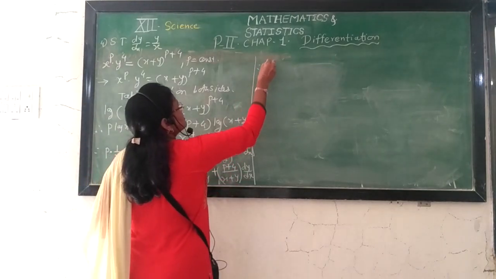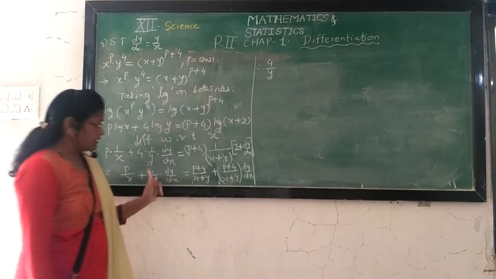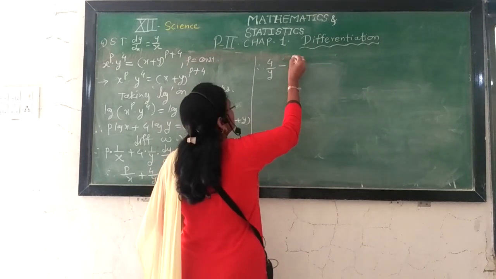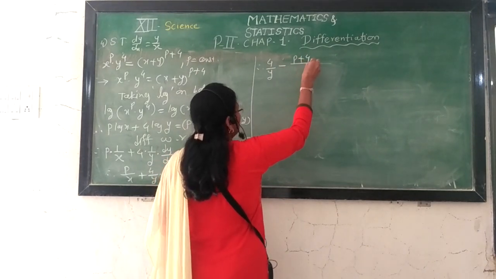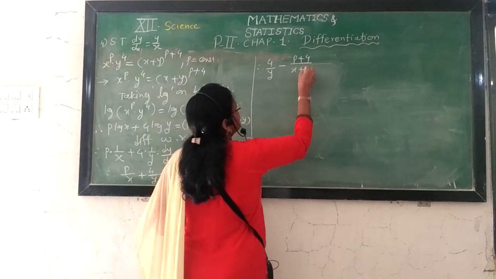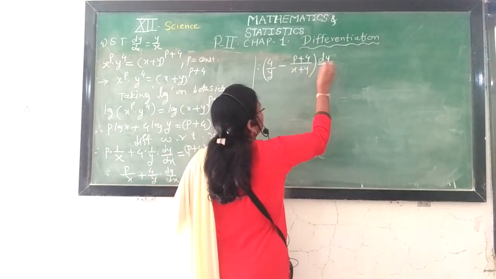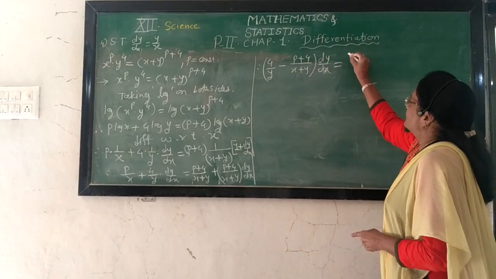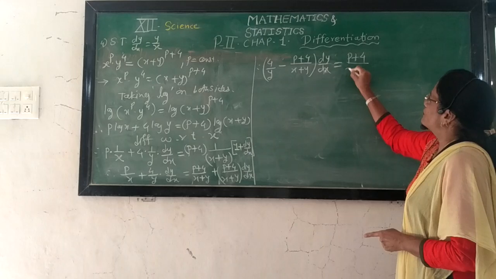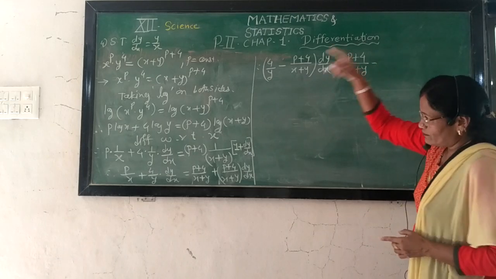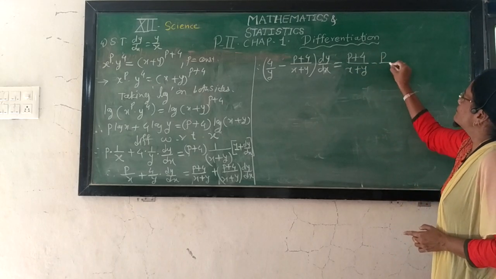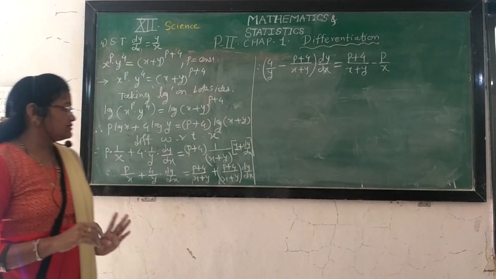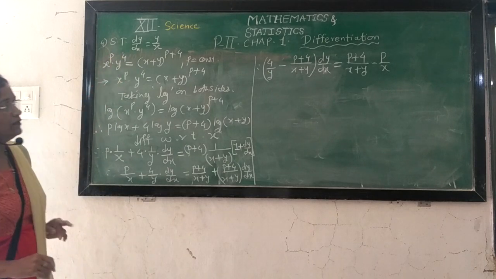So the first term is 4 upon y and the second term p plus 4 upon x plus y, but that one with plus sign moved to the left side becomes negative, minus of p plus 4 upon x plus y, coefficient with dy by dx, which is equal to the right side first term p plus 4 upon x plus y. From the left side we can shift the term p upon x.